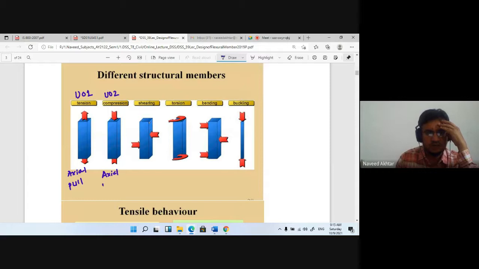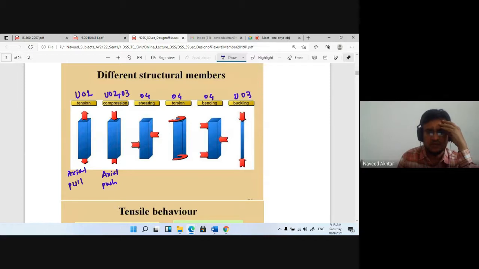And if there is shearing force, then we go for design for shearing force. We will learn this in unit number 4 for design of beam. Torsion, if there is twisting moment on any section, we will also check in unit number 4. Bending, we will also check in unit number 4. And this we have seen in unit number 3, and this is also unit number 3.